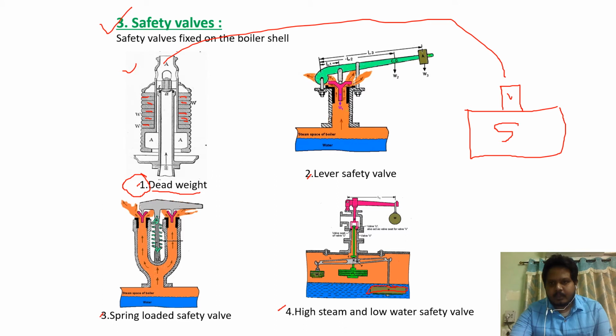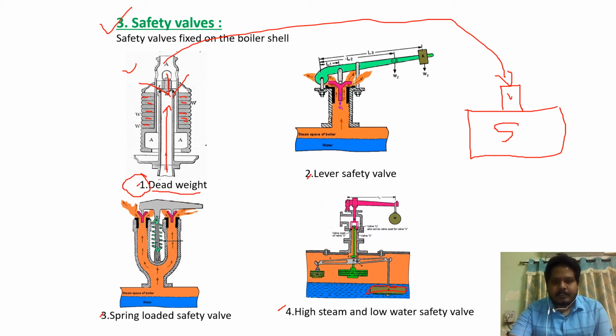When the pressure of the steam inside the shell exceeds the required pressure, the steam will enter the safety valve and lift the valve, so that these weights also are lifted and the steam escapes from the valve. Finally, the pressure inside the boiler is reduced.